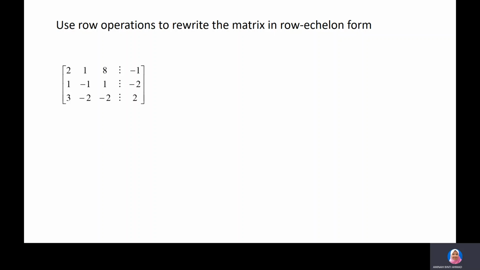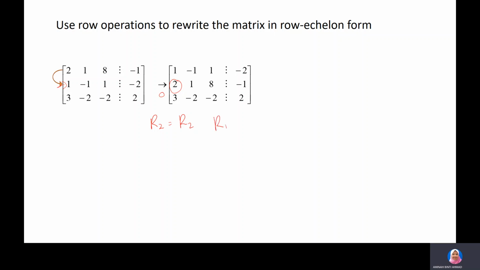Before we start, we see we have 1 here, so we can just exchange row 1 with row 2 and row 2 with row 1. Next we want to make sure this equals 0, so for row 2 we can use row 1 here.